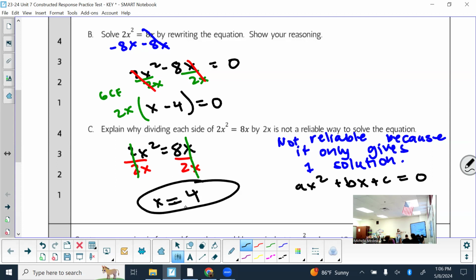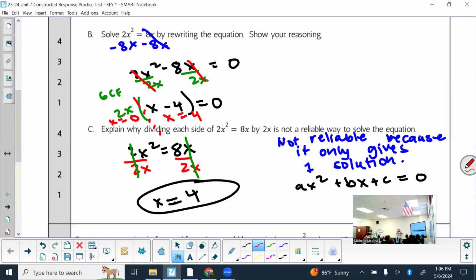So this solution we get from figuring out what x has to be to make that factor 0. This other factor, because normally we multiply this by that, what does x have to be to make this side 0? What times 2 will give me 0? So my two solutions are x equals 0 and x equals 4.